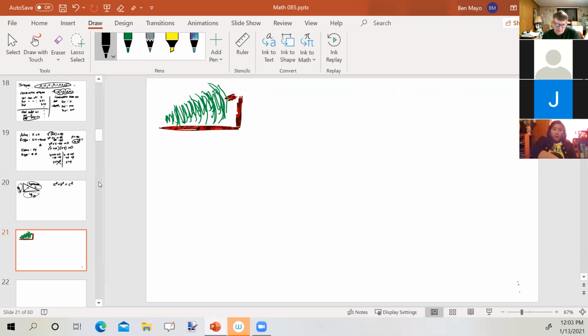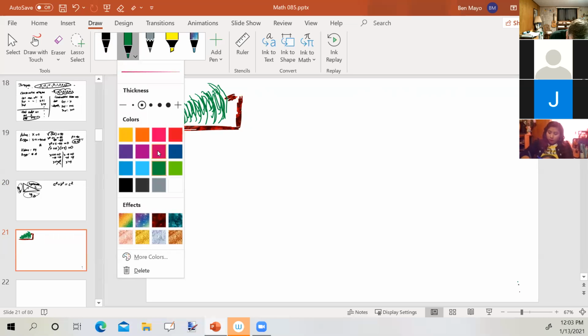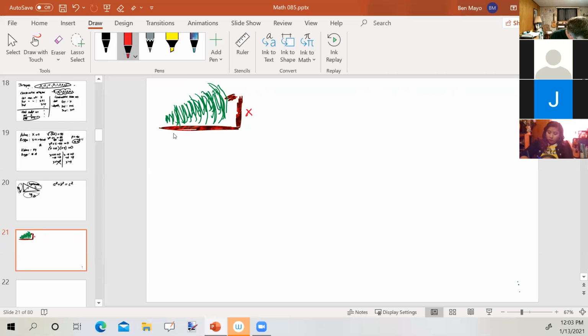So we've got this tree that was blown over in the windstorm. This side, let's see, where is it? This is called X. This is called X plus 2 feet. And this is called X plus 4 feet. All right.